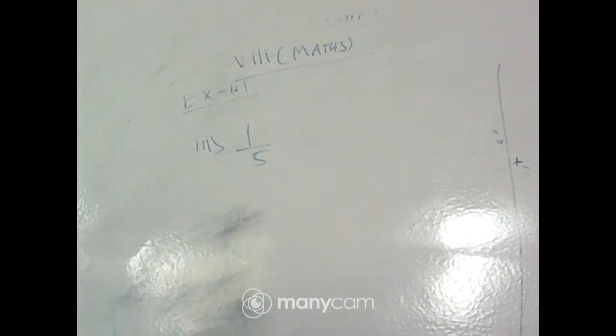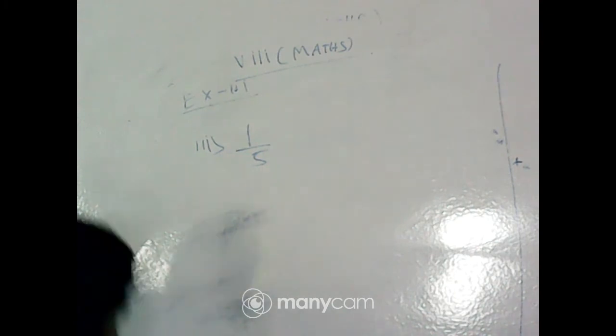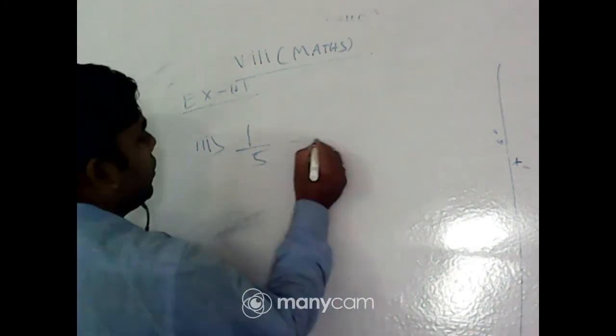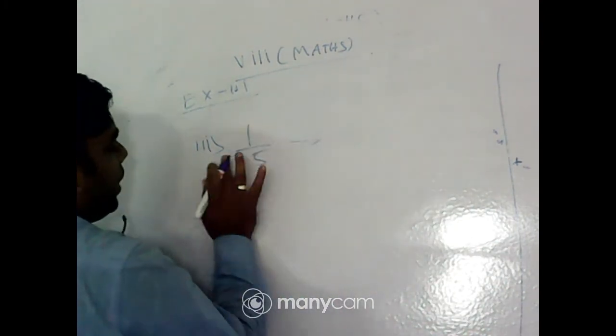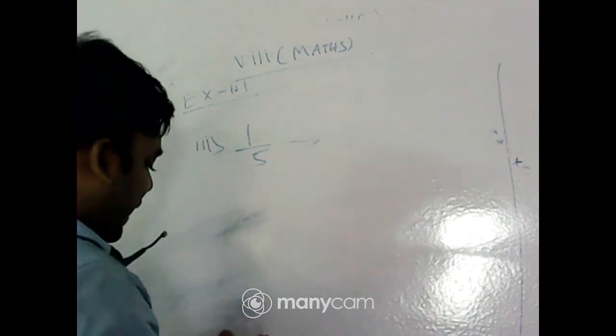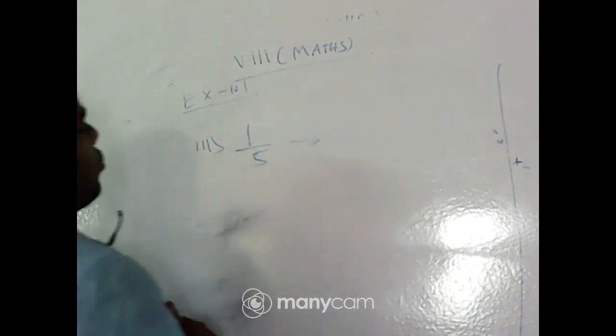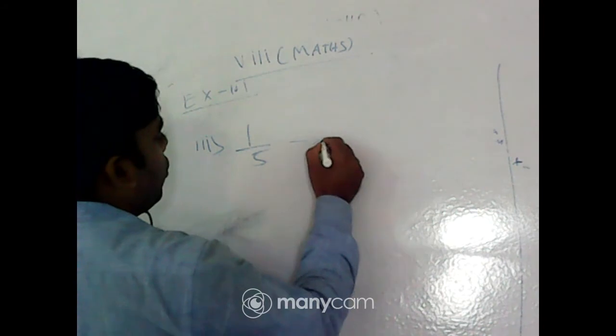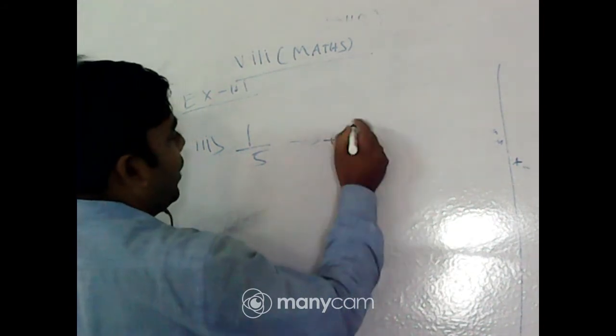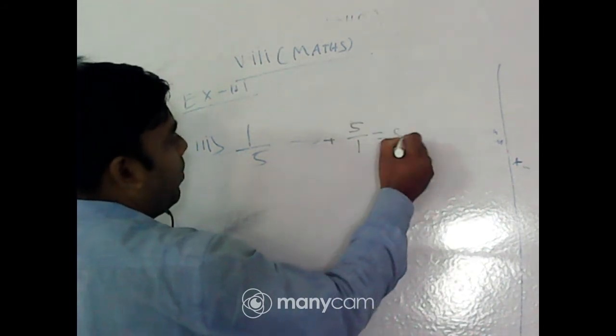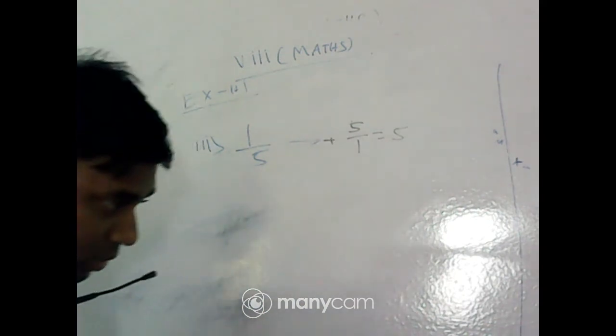Yes, 5 by 1. Since 1 by 5 is a positive number, the multiplicative inverse will also be positive, that is 5 by 1, which means 5. Is it clear to everyone?